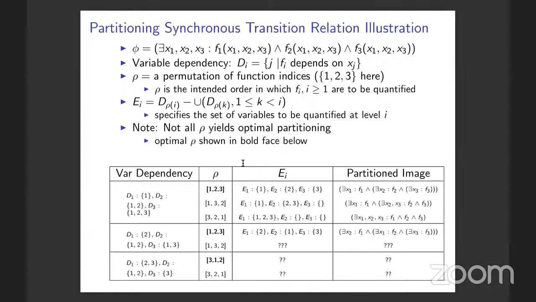But the idea is to compute an optimal ordering that allows you to nest these quantifiers in the most optimal fashion, so that you can eliminate individual variables or some subset of the variables in a certain order, so that each time you eliminate a variable, you get a smaller result than the previous time. That is the idea here.